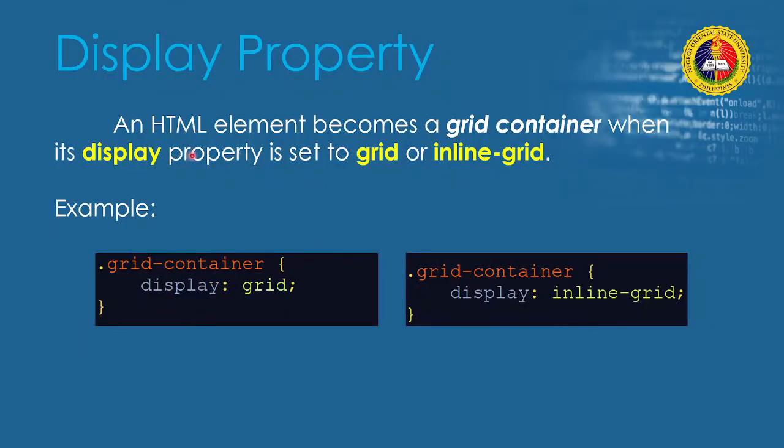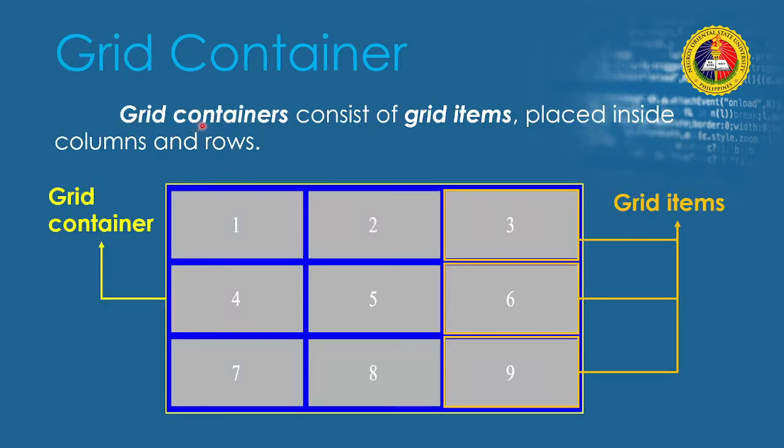Next, before we continue with our code, let's first analyze the parts of a grid. The grid container consists of the grid items placed inside the columns and rows. Every grid item must be enclosed in something, and that is the grid container.